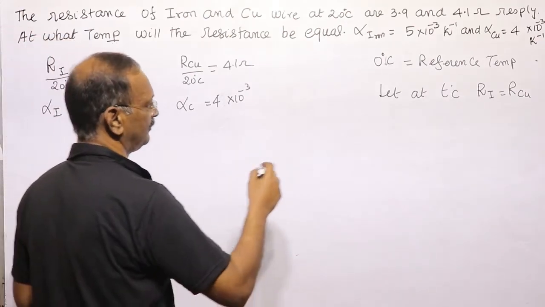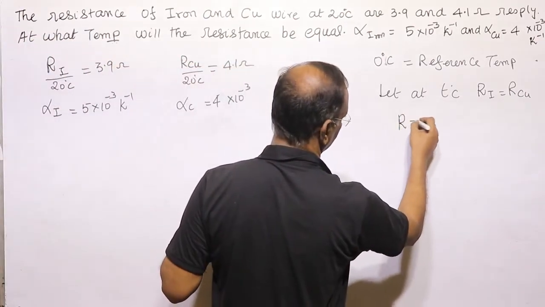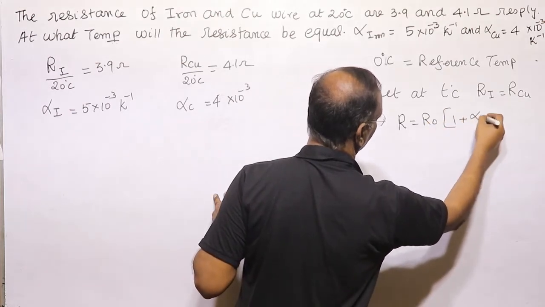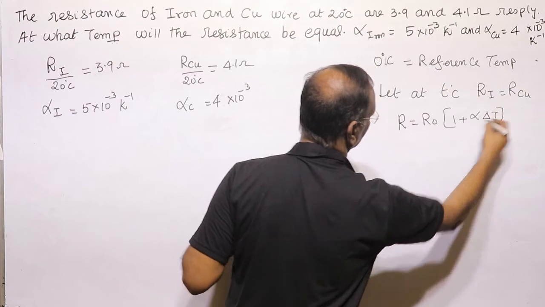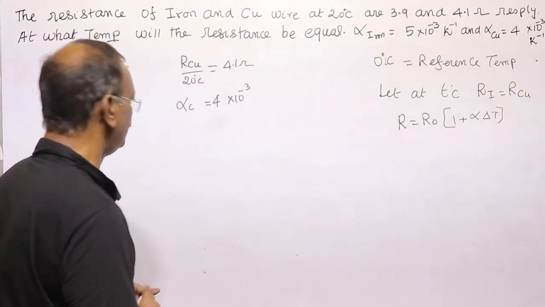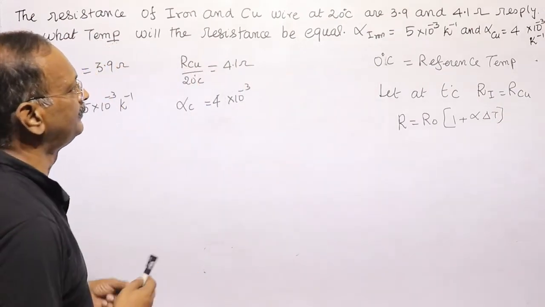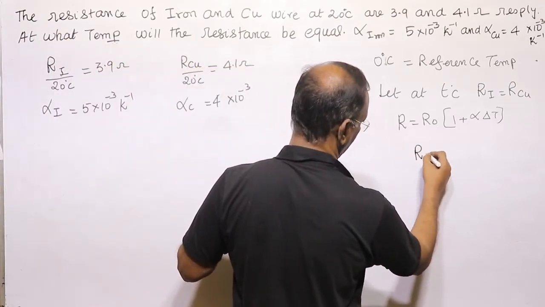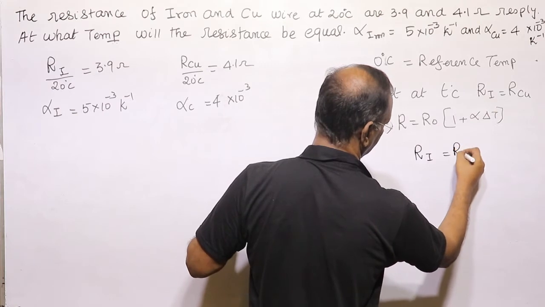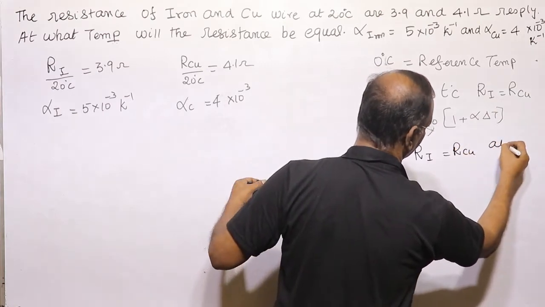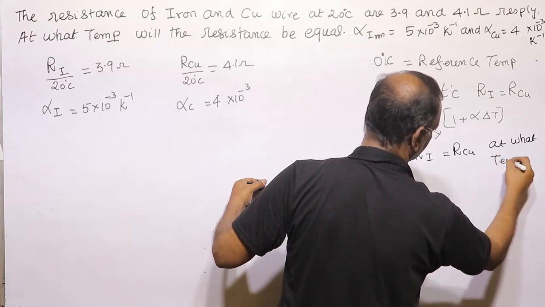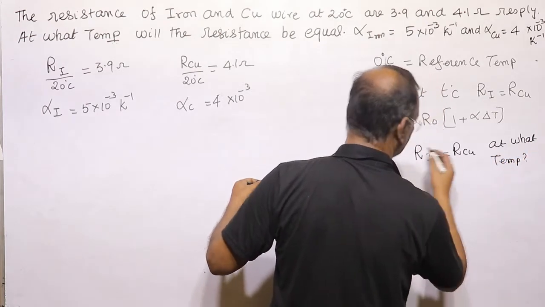Since you know the formula, R is equal to R naught into 1 plus alpha into delta T, we will be using this formula. Now resistance of iron is equal to resistance of copper at some temperature.